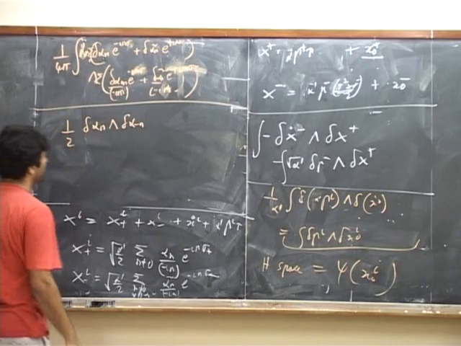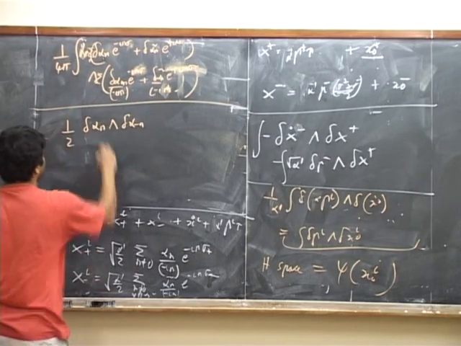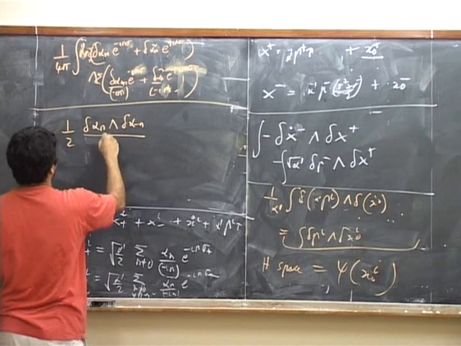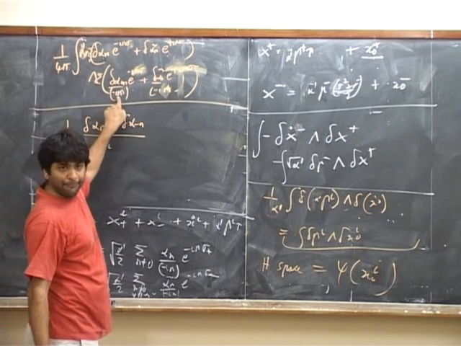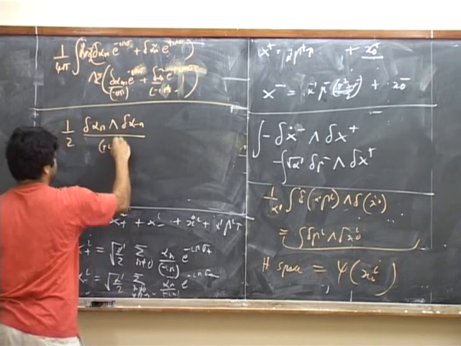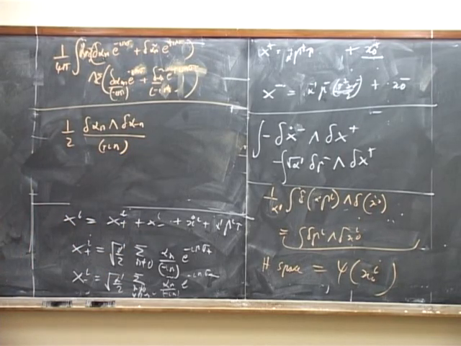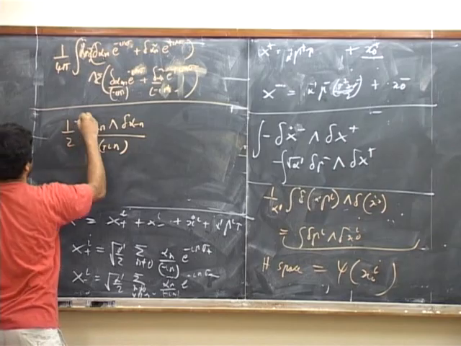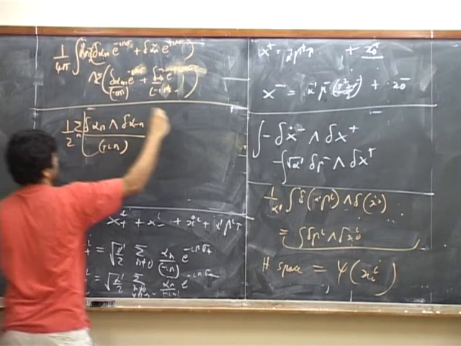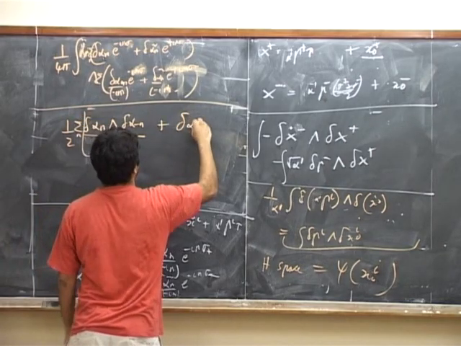So 1 by 2 delta alpha n wedge delta alpha minus n, divided by minus i times m, but m was minus n, so plus i n. This is summed over n, and you get the same thing with the other terms.